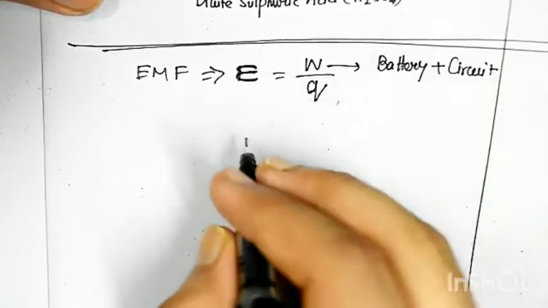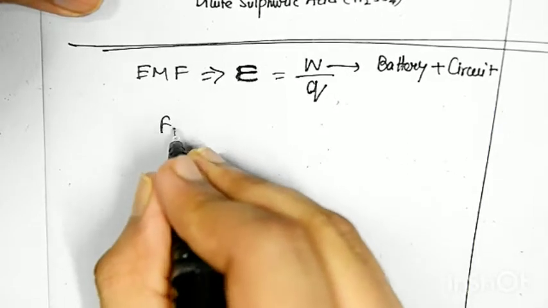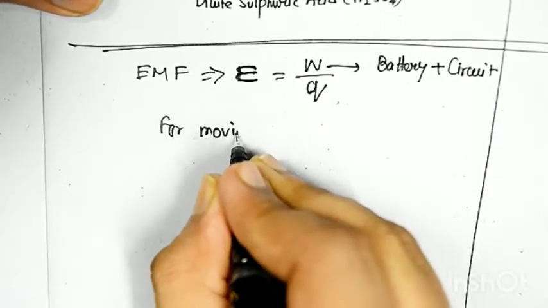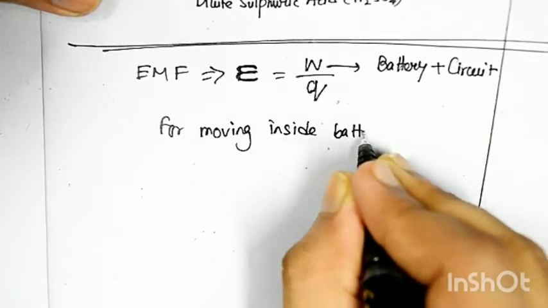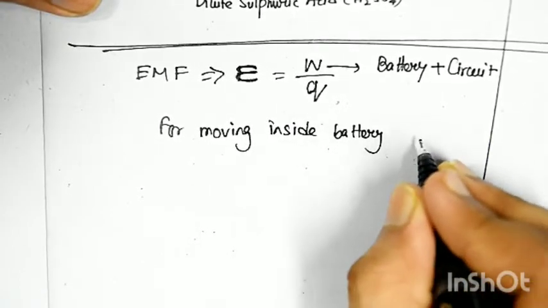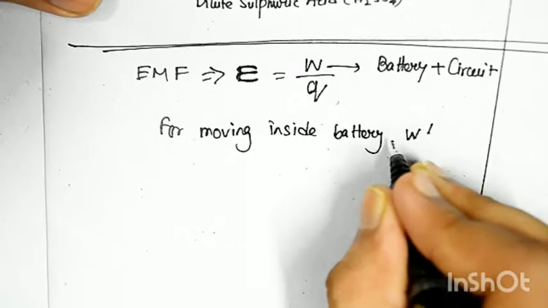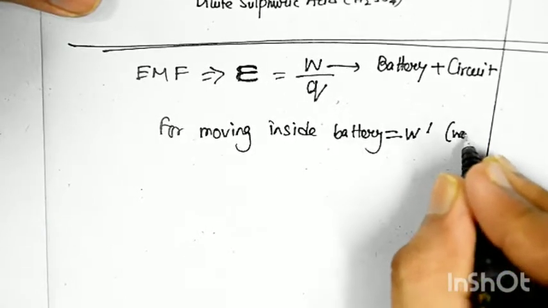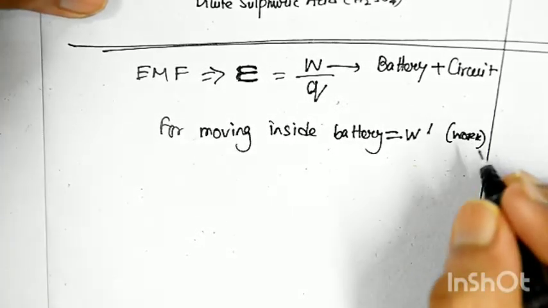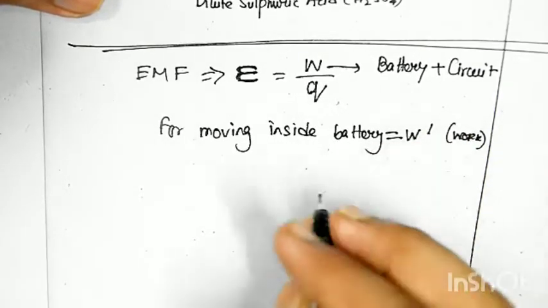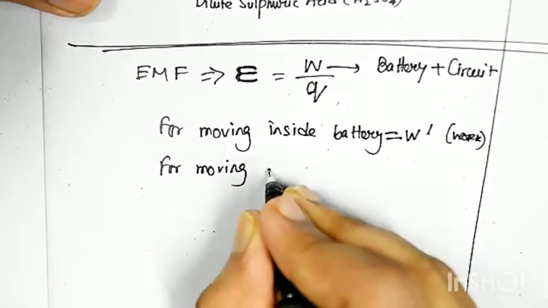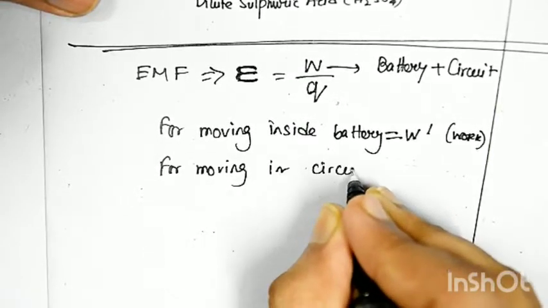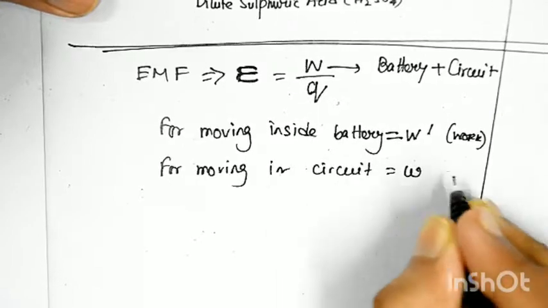Now if I consider moving inside the battery, W dash work is done. Clear? For moving inside the battery, W dash work is done, and for moving in the circuit, small w work is done.